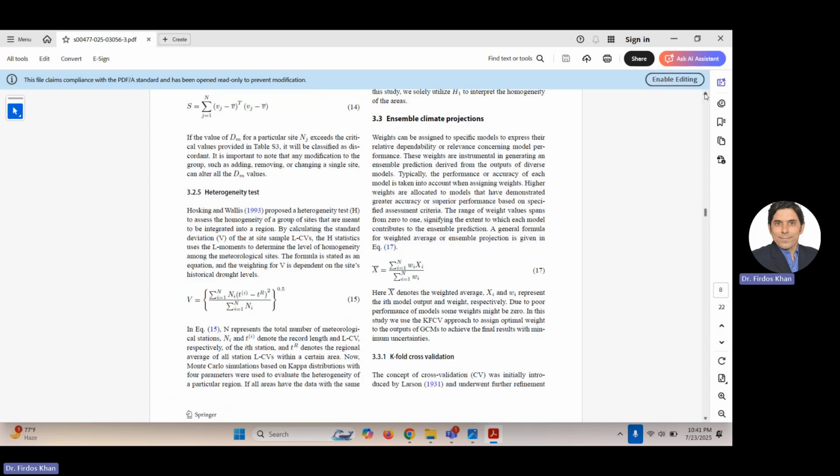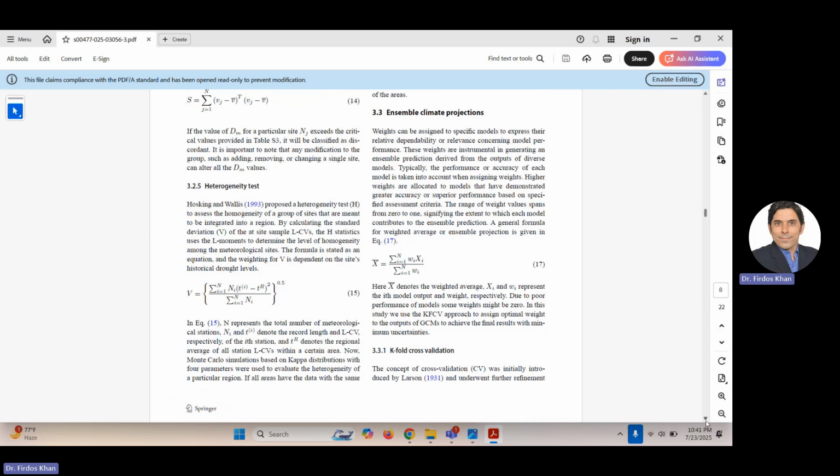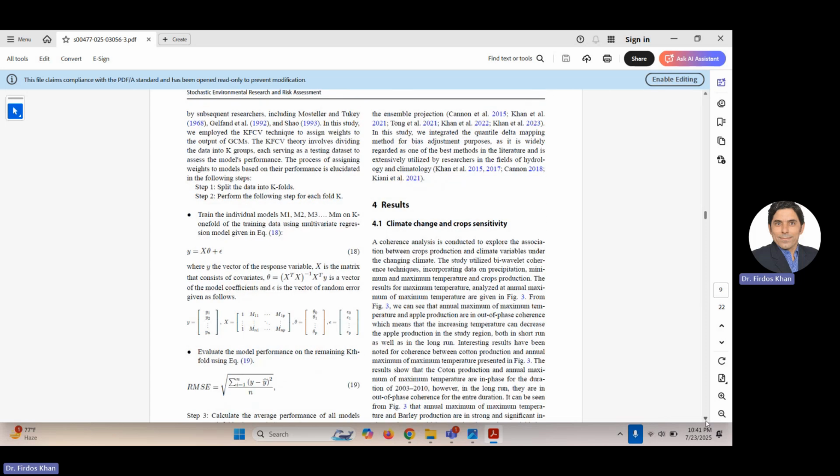Then next, the fourth fold will be used for testing, and the first three and the fifth fold will be used for training, and so on. You can change the position of the test fold and use the remaining 4 folds for training. So that is called 5-fold validation. K is general, so K-fold cross validation. You can see how you can calculate the weights. I will make a separate video on this sometime. So you can calculate the weights, and then you can calculate the ensemble prediction.